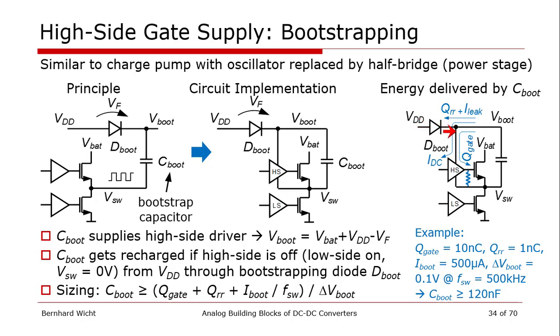We have leakage currents, and there's also some DC currents which we need to deliver at the high side to the level shifter and so on. So there are some example values here, and if you do the calculation, we end up in a range of 100 nanofarads. So 100 nanofarads is a typical value. If you look at data sheets of DC-DC converters, usually you place 100 nanofarads of bootstrap capacitance.